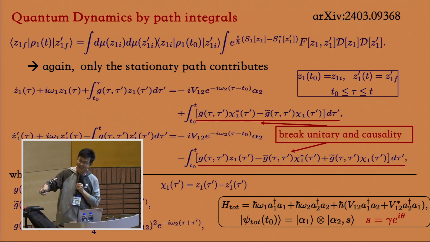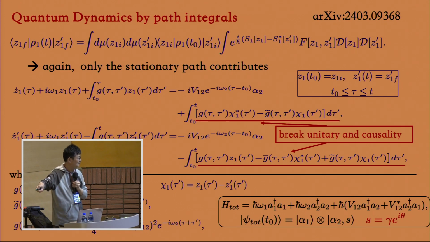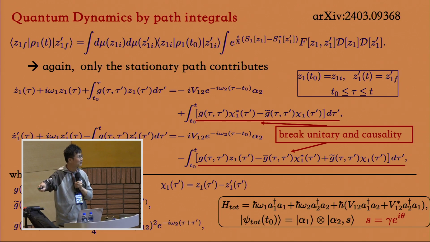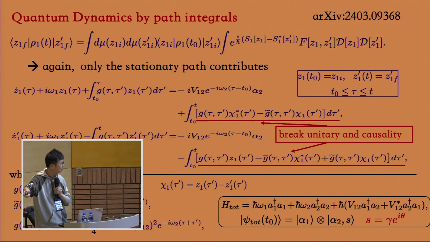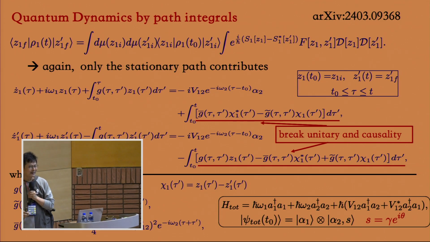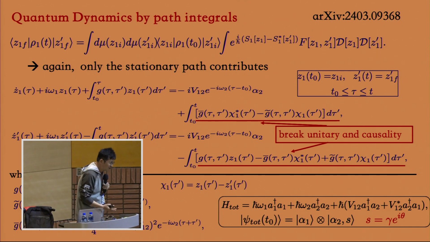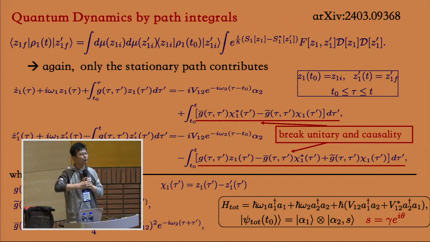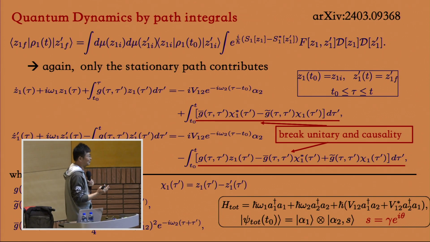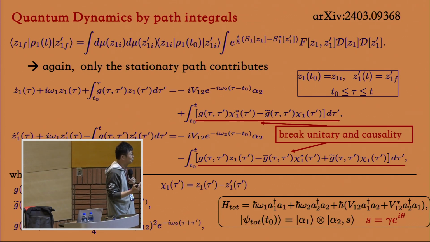But the contribution to such an equation of motion takes contributions from t0 to t, meaning t is larger than tau. So the stationary path of mode 1 is not only controlled by the past historical evolution, but also by the future dynamics. That's what is called the break of causality.